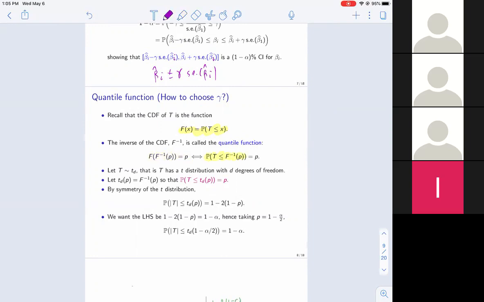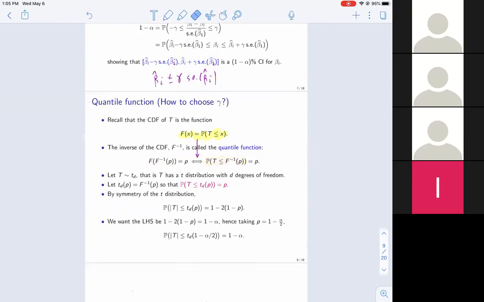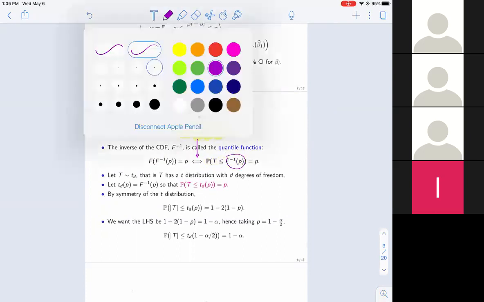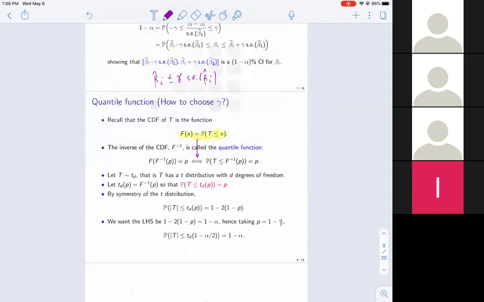This is just the definition of an inverse of a function. And so the gamma that we want is F inverse of 1 minus alpha over 2. If I take p to be 1 minus alpha over 2, I get 1 minus alpha over 2 here. So gamma would be the quantile function evaluated at 1 minus alpha over 2.